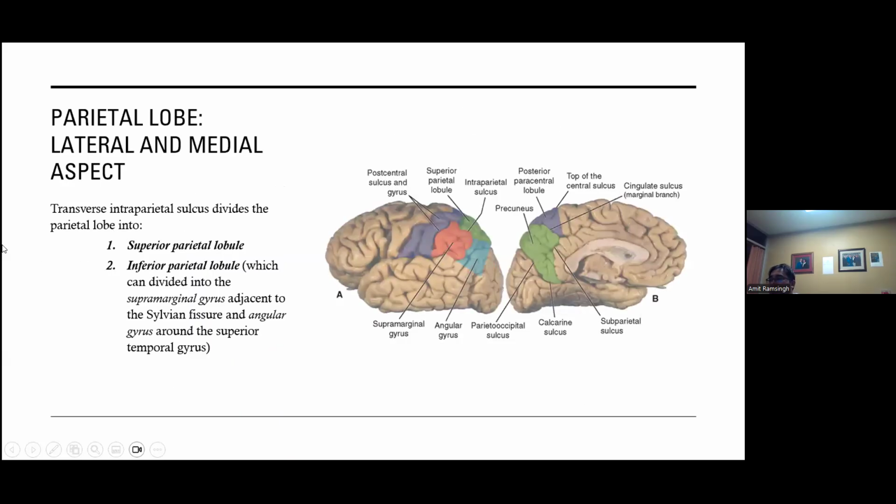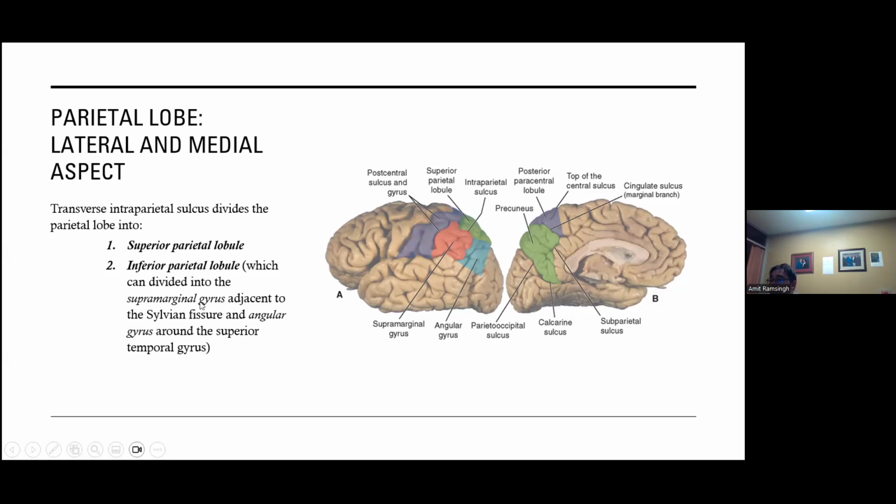So now, just moving on to a bit about the parietal lobe and the lateral and medial aspect. The parietal lobe is divided into a superior and inferior parietal lobule via a transverse intraparietal sulcus. So we have the superior parietal lobule right here, and the inferior parietal lobule, which is divided into two.